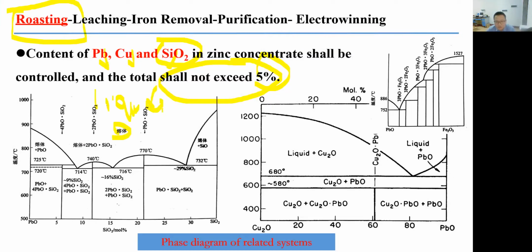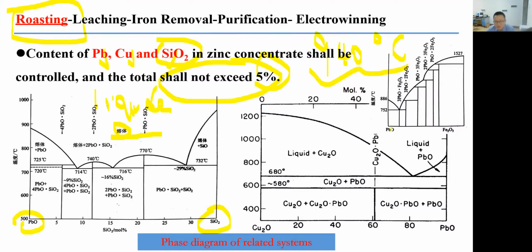In the binary system of lead oxide and silica, we usually use 940 degrees C as the processing temperature. At this temperature, we can find that when we have a large amount of lead and silica, we will have the possibility of liquid formation.